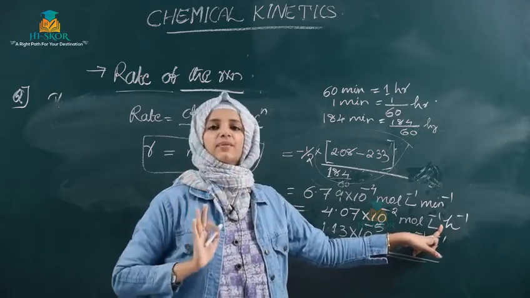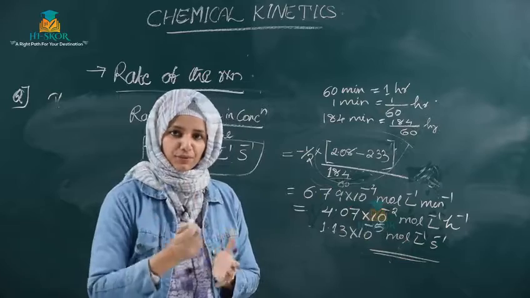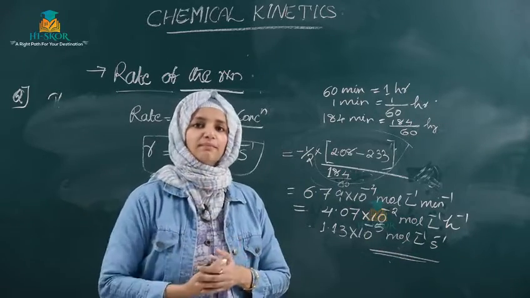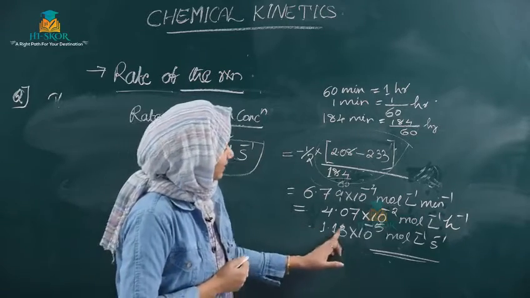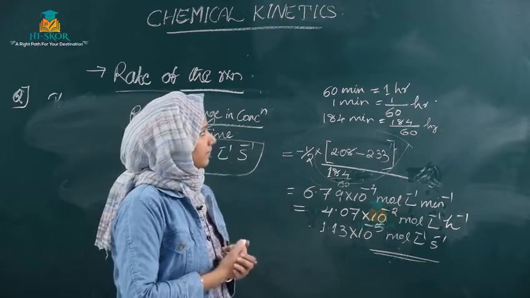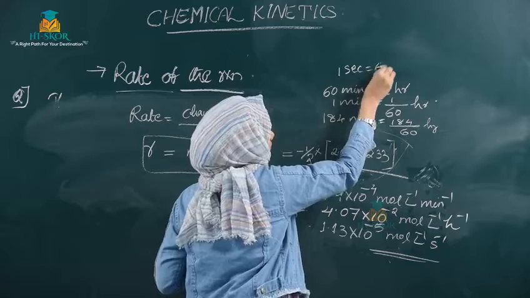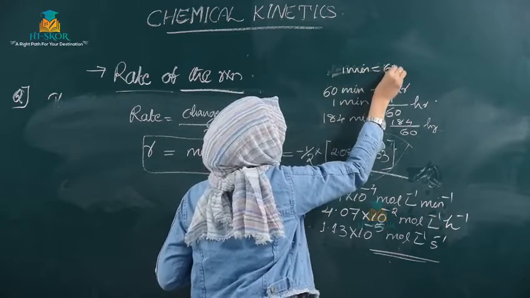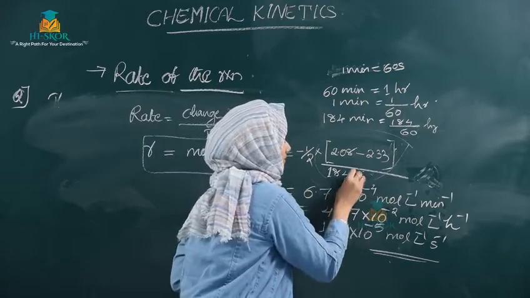Suppose they are asking the question in terms of moles per liter per second, what do you have to do? In this particular problem I am discussing all three units, so listen carefully. When they ask in seconds, you know, 1 minute is equal to 60 seconds. So 184 minutes means 184 into 60.